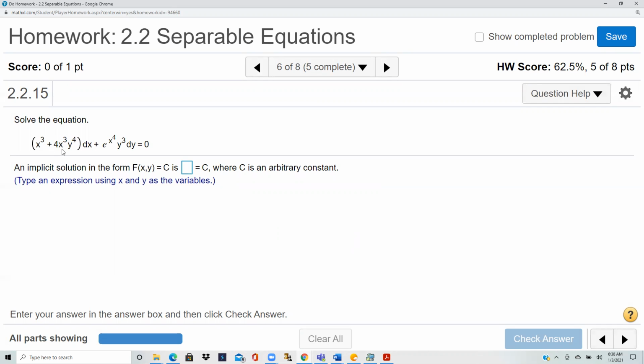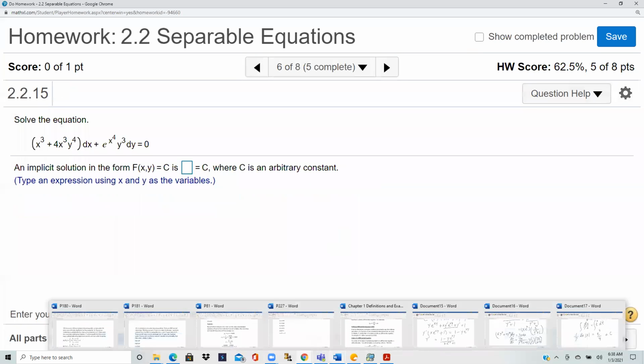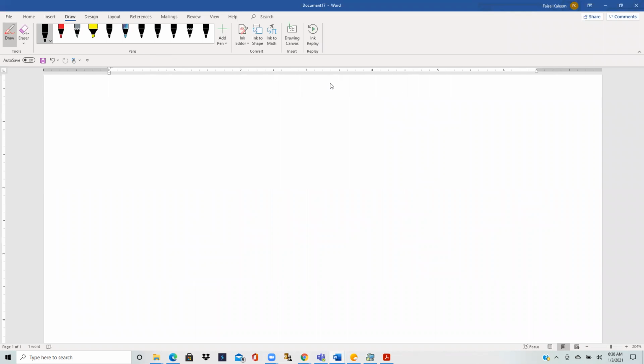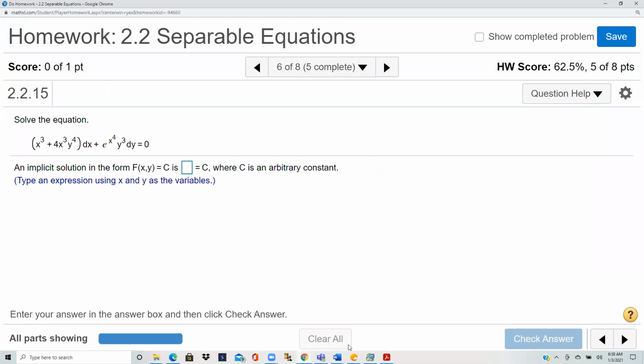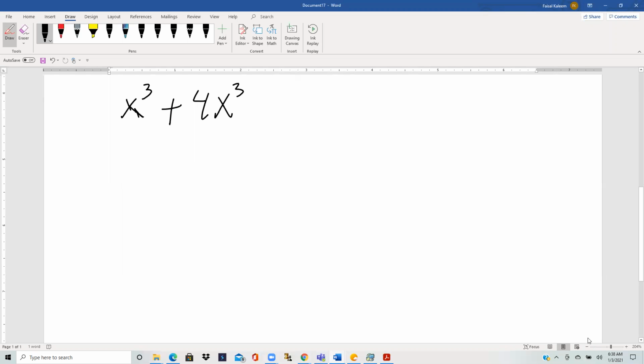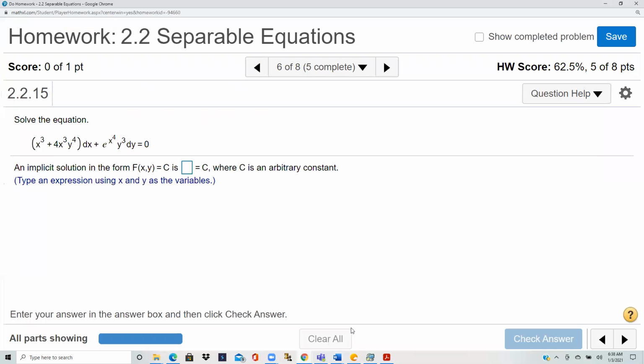So let's copy it: x cube plus 4x cube y^4 dx, and then plus e to the x^4 y cube dy.